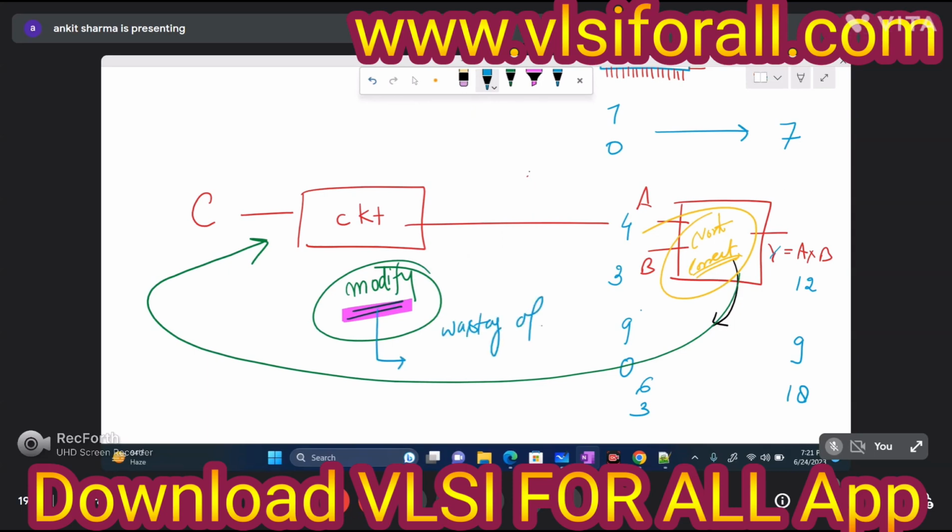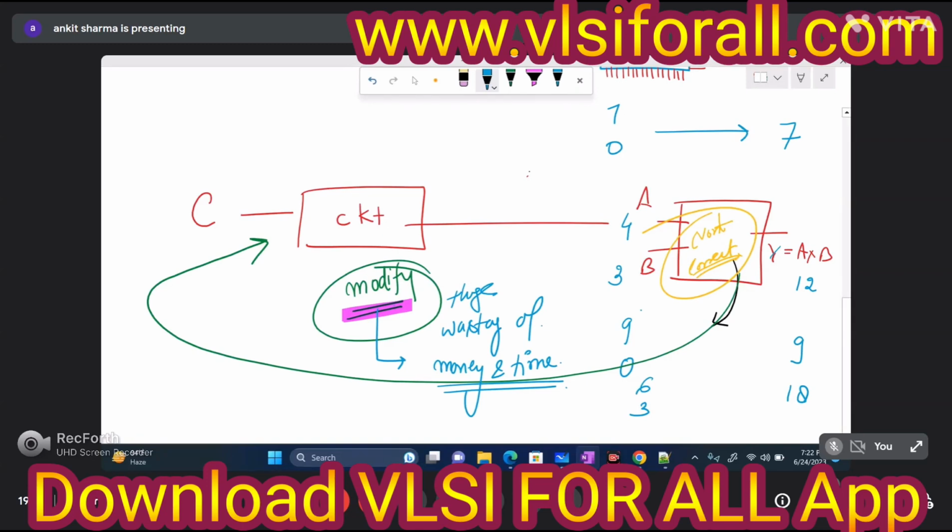It will lead to a huge wastage of money and time. धन व समय का बहुत बड़ा नुकसान हुआ है यहाँ पर. So a huge amount of money and time will be wasted here, and this happens repetitively.